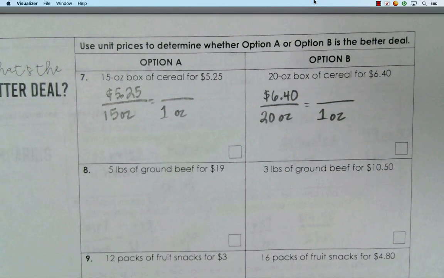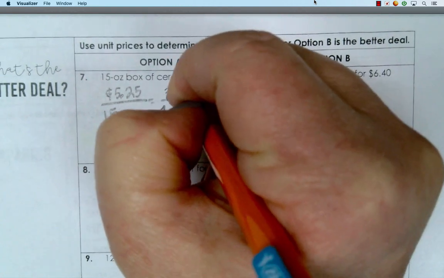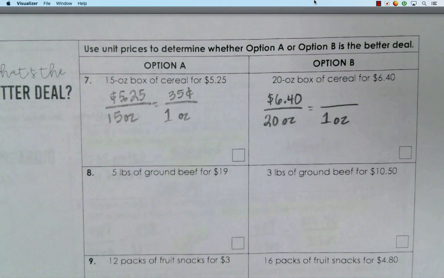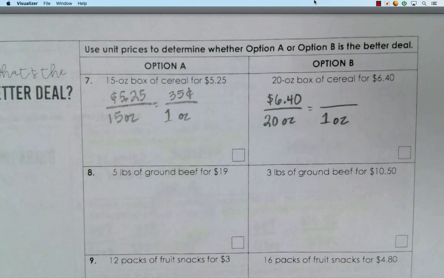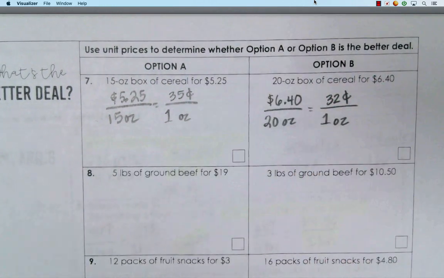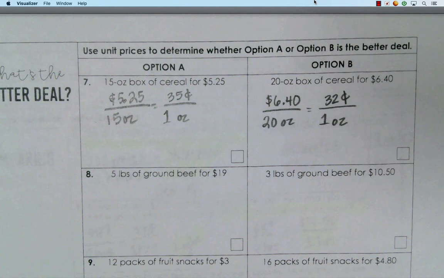So I'm going to divide $5.25 divided by 15. So per ounce, this cereal is 35 cents per 1 ounce. And over here, I have $6.40 divided by 20, and this is 32 cents per ounce. So when we are looking at this, because I said earlier, it's not always about the more expensive or the cheapest.